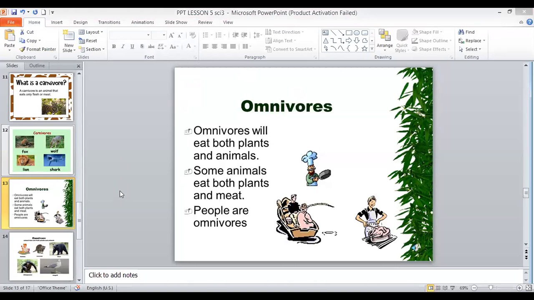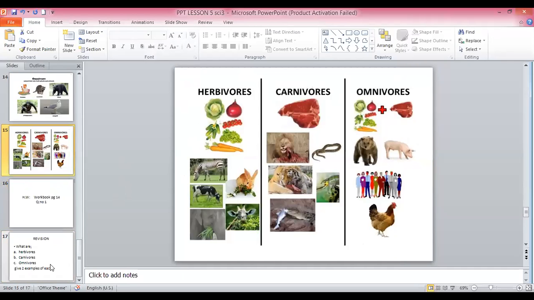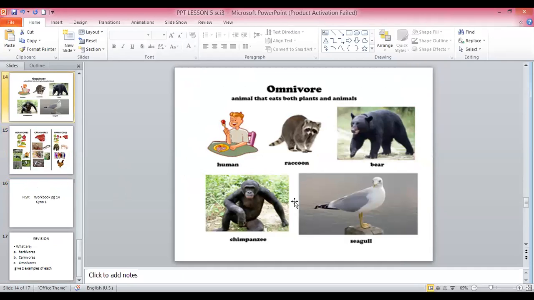So we are known as omnivores. Look at the examples: humans, chimpanzees, seagulls, raccoons, bears. These all are the examples of omnivores, right?